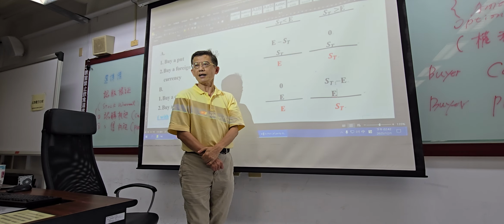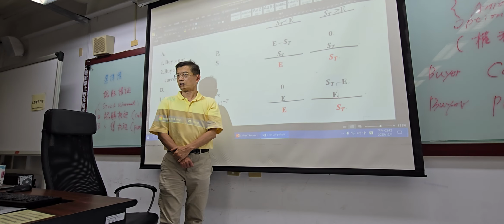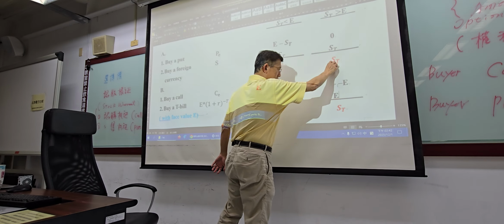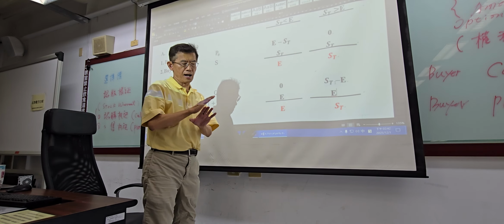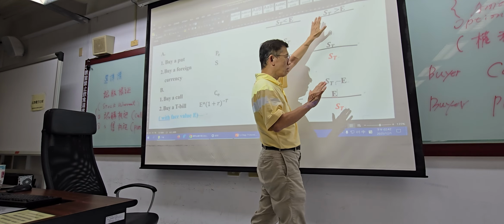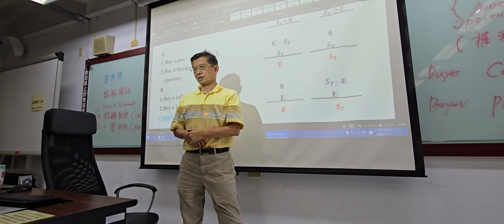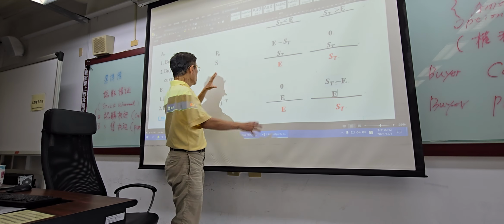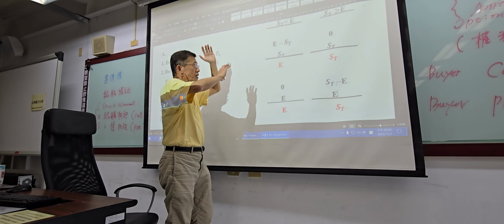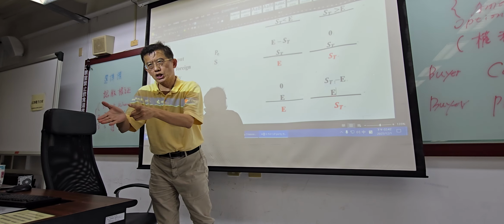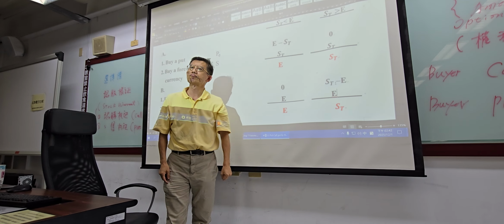Once again, right? So capital E and capital E, S sub T, identical. No matter how low or how high the spot price of foreign currency will be, the two portfolios have the same payoff at expiration.